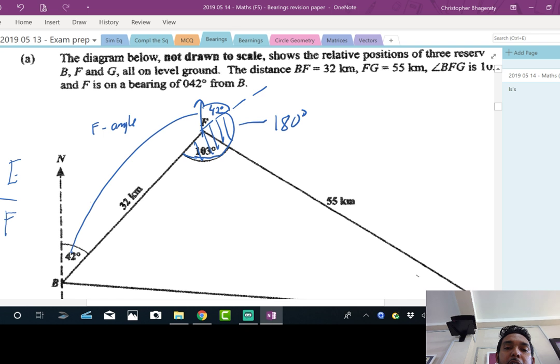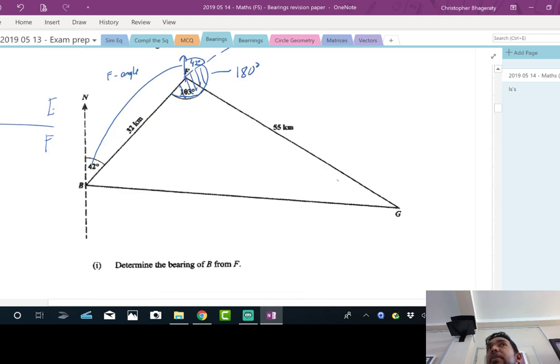Therefore, if the components of this bearing are 42 and 180, we add them together. So the bearing of B from F would be 42 degrees, which you could label as F angles or corresponding angles, plus 180 degrees, angle on a straight line.